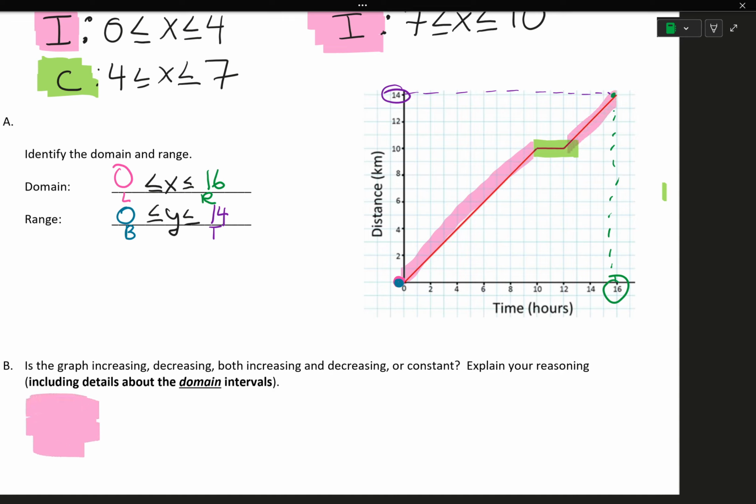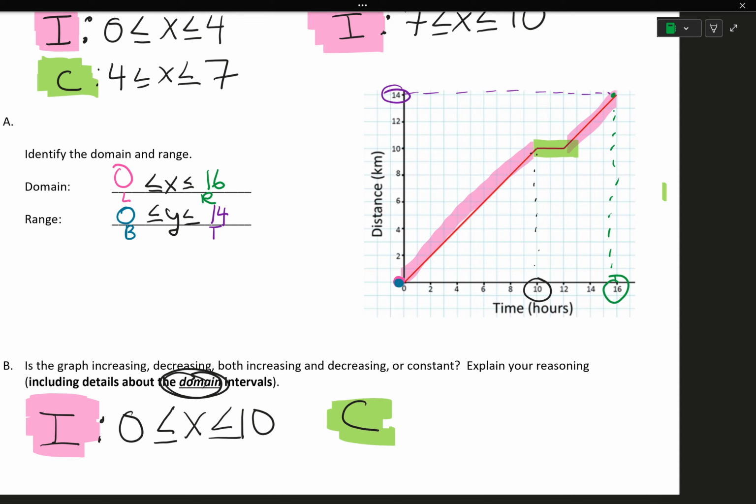Let's write those intervals down. First, I'm increasing. Remember, we're using the domain. I start at 0 on the x's, and then I finish increasing at 10. Next, we're constant. We start where we finished at 10, and where do we end?